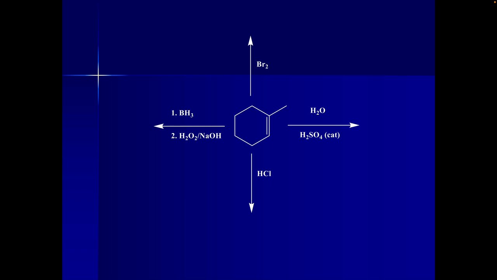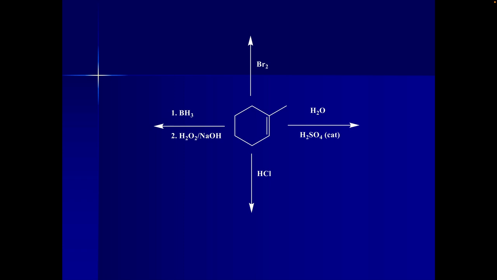All right. Let's work through these together. One of the things that you always need to do when you're talking about addition chemistry to alkenes is identify the carbons of the alkene first. It's going to be these, carbon 1, carbon 2, right?